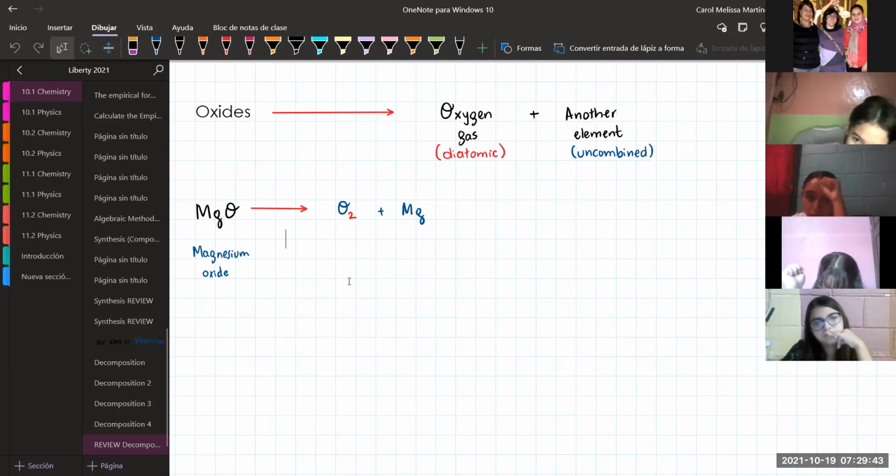Now, one thing to know is that this other element can be diatomic or not. To know if it is diatomic, just remember the phrase, okay?